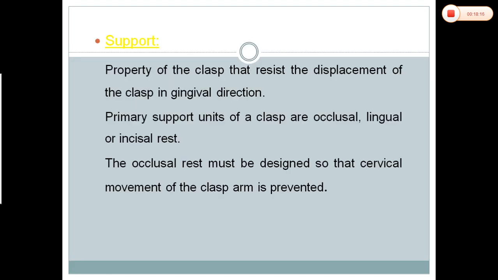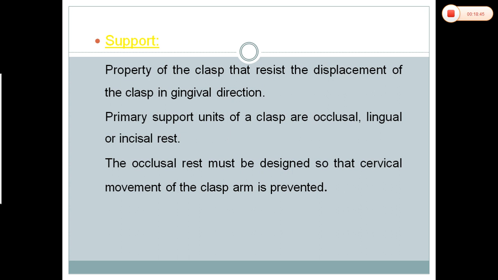Coming to support, as we have already seen, support is provided by the rest when it is positioned in the rest seat, either occlusally, or in the cingulum area in maxillary canines, or in the incisal area. The support given by the rest prevents tissue-ward movement of the prosthesis, and it also positions the removable partial denture and its components in their original position.